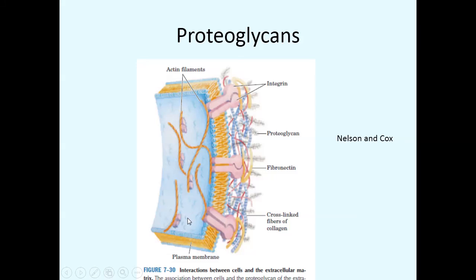These cytoskeletal proteins are attached to the integral membrane proteins as shown here. And these membrane proteins, in turn, are attached to the proteoglycans on the outside of the cell. Interactions of cells with proteoglycans are important for tissue modeling and organization of cells.